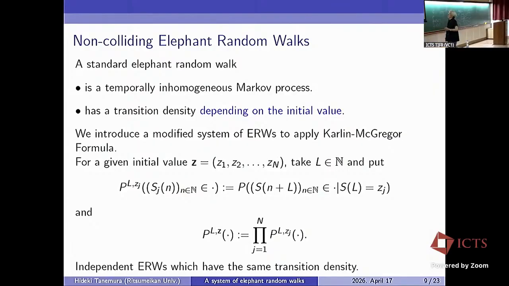I want to modify the model a little bit and consider the elephant random walk from the origin. At time T, under this condition, we consider the elephant random walk from this, and this is independent.